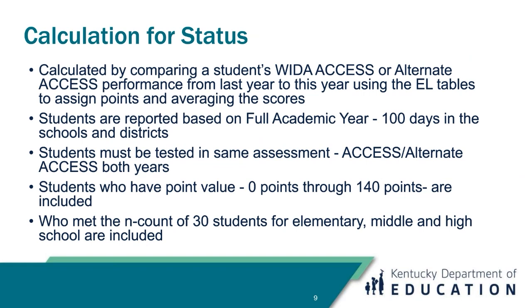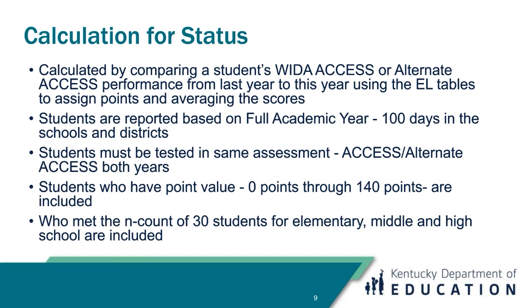Now, for a student to be counted, the student has to be 100 days in the school and the district to be counted as a full academic year and be reported for that particular indicator for status.